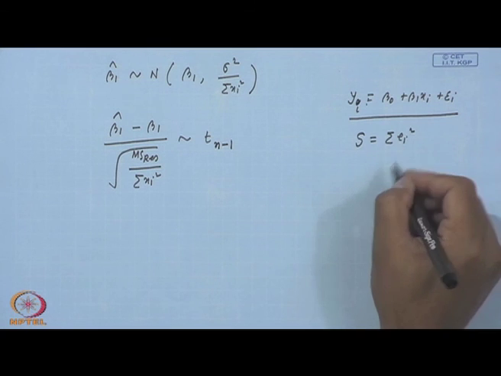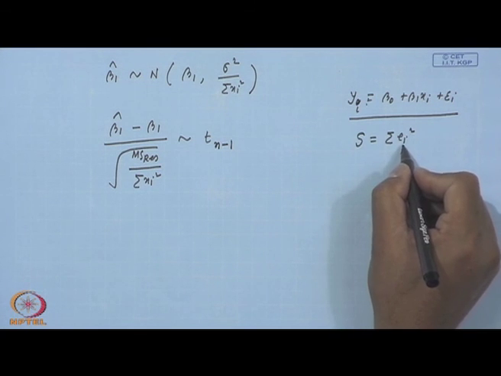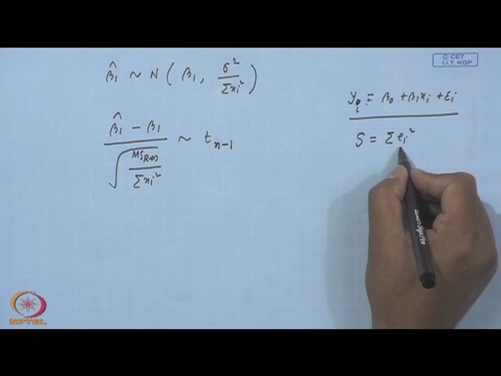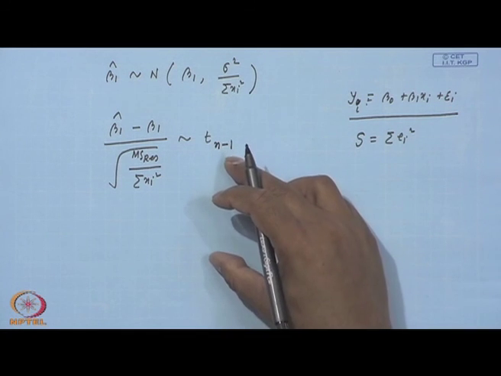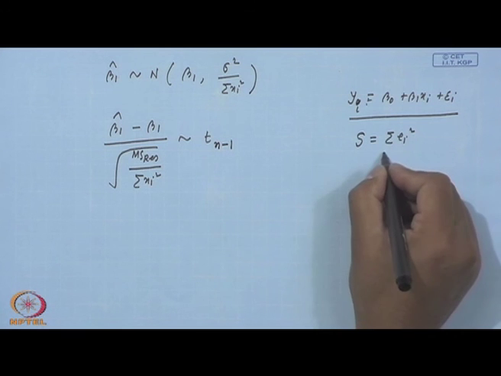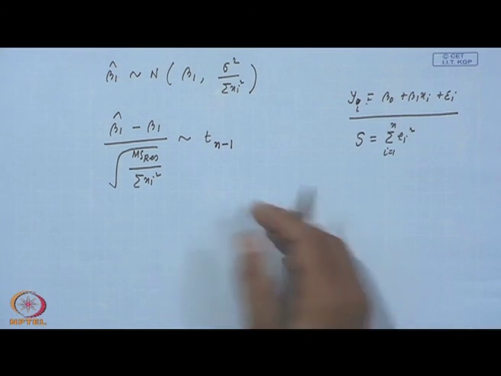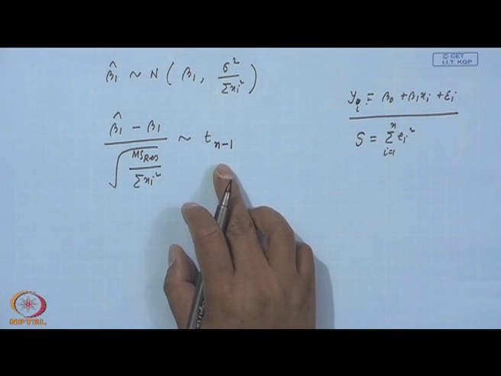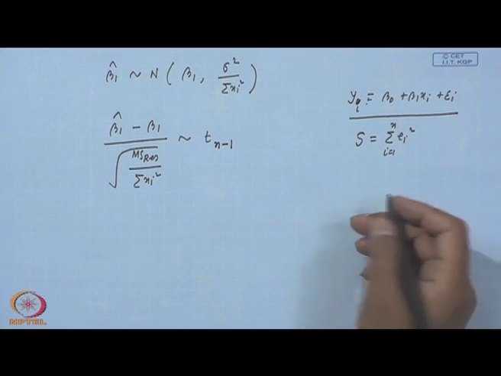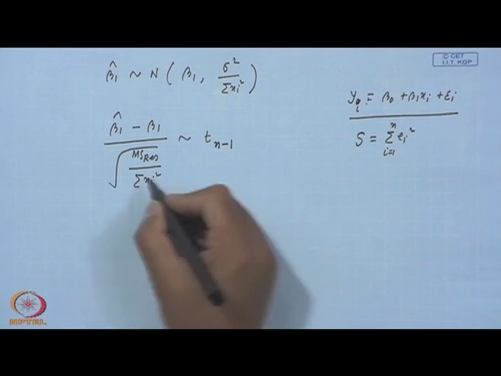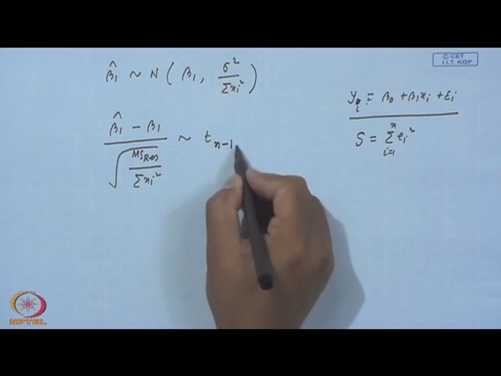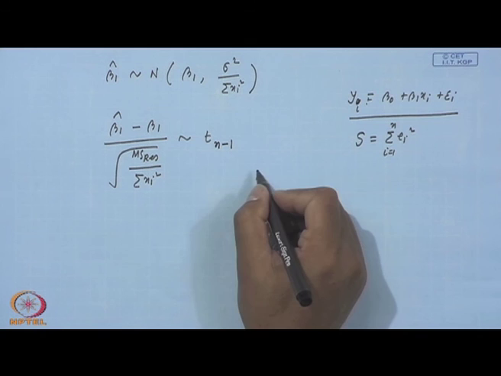So there is only one restriction on epsilon_i, and you have the freedom of choosing n minus 1 e_i independently, and then the last one has to be chosen in such a way that the restriction is satisfied. That is why the SS residual here has degree of freedom n minus 1, not n minus 2.